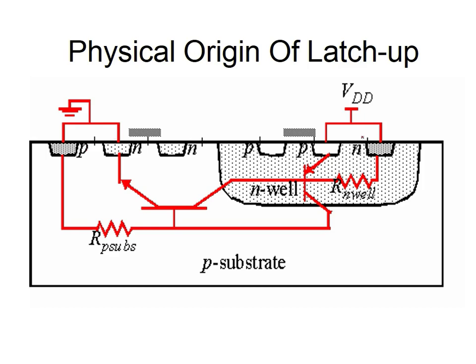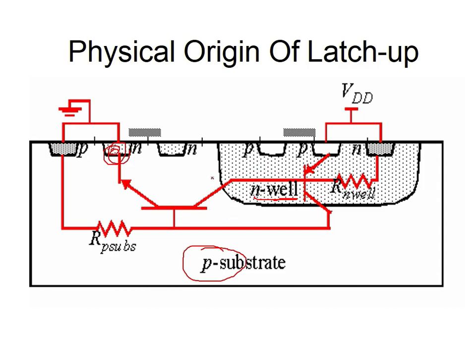So this is the structure of the N-well process. Already we have discussed the fabrication of MOSFET. In this, this is N type, this is P type, and again here it is N type. So this structure forms an NPN transistor.